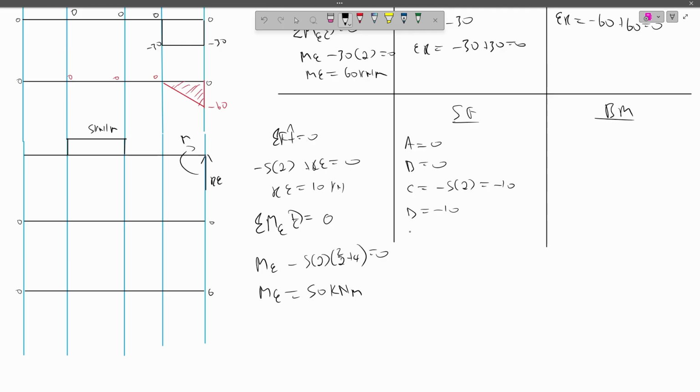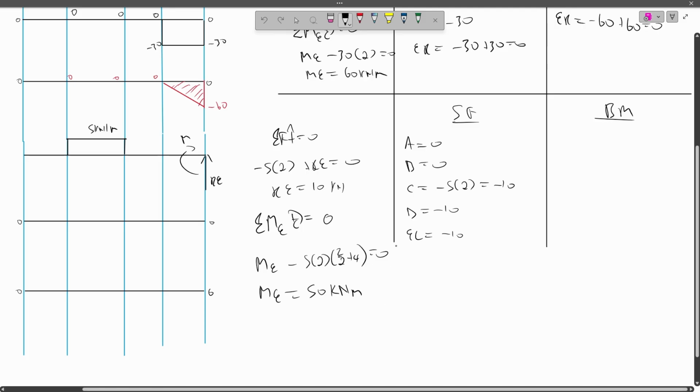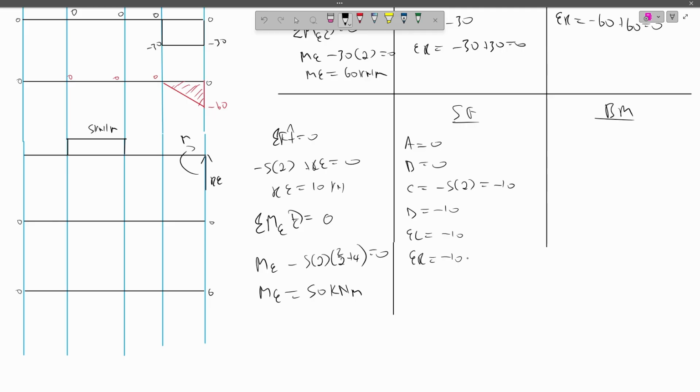Then our A left is minus 10, and then our A right is minus 10 plus 10, which is 0. Let's draw our shape. We have A 0, B 0, and then our C left is minus 10, which is here.